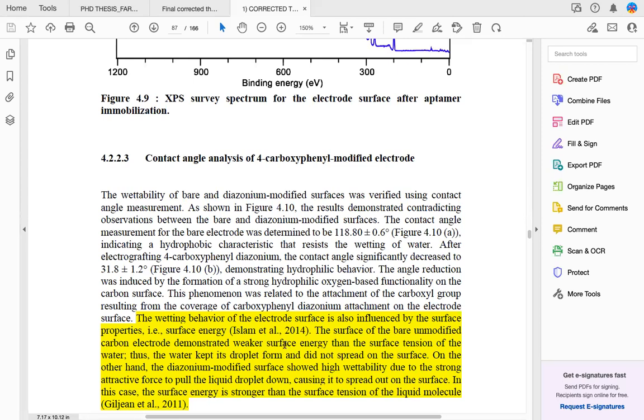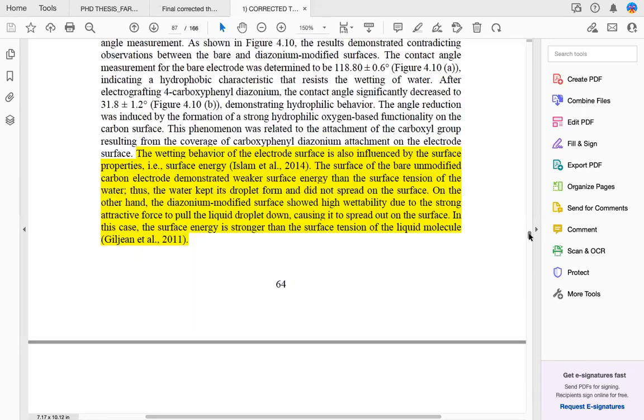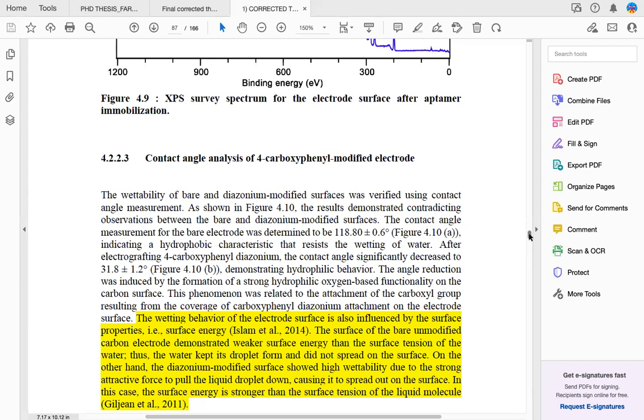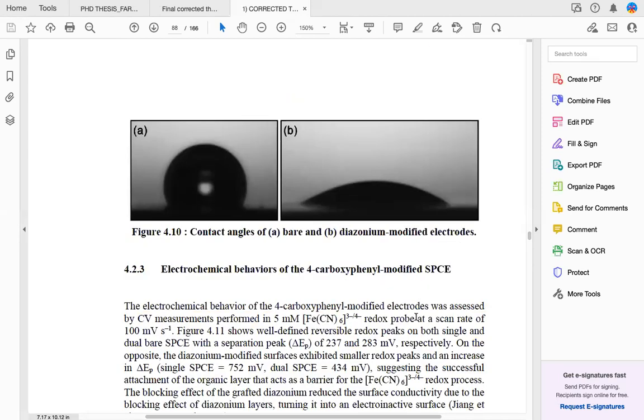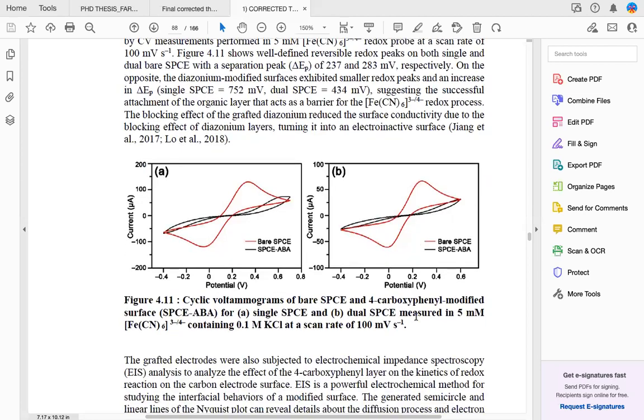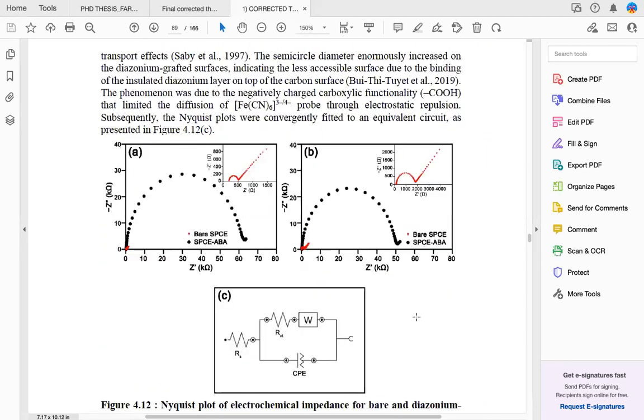And he further explained why the water angle seems to be lower. It's about surface tension and all that. So this is not really rocket science. It's just a simple explanation.